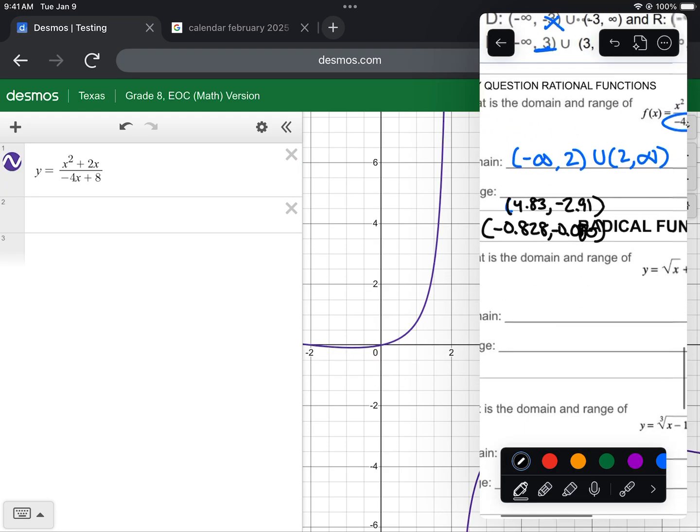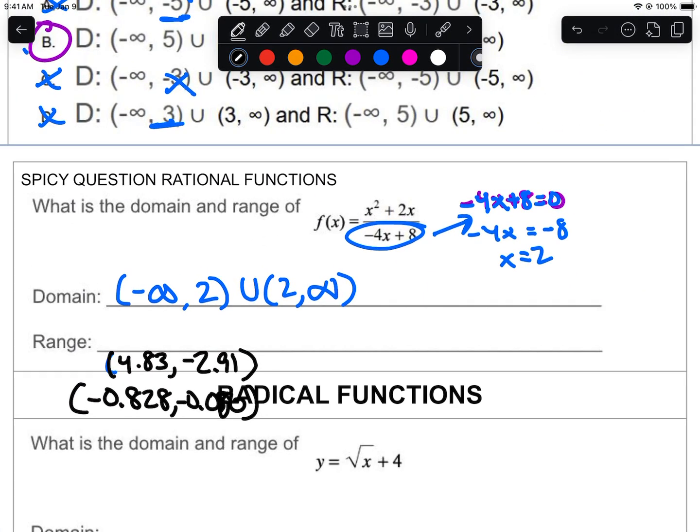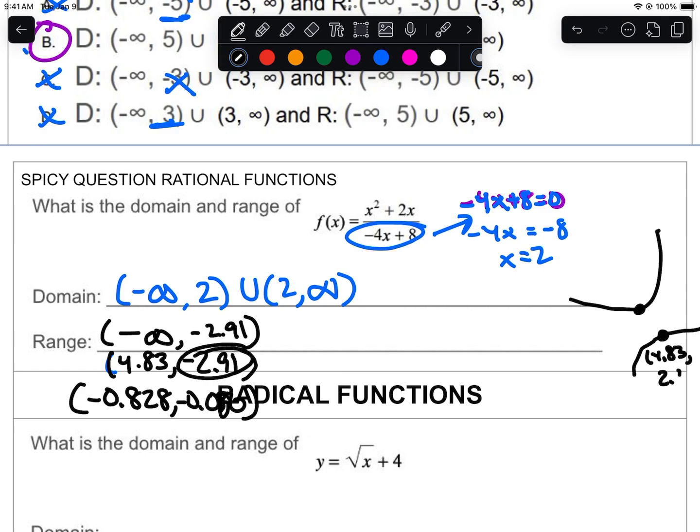All right, so what I'm going to do now is I know my range starts from negative infinity on that one part, and it took this point, the negative 2.91, and that's the highest part of that smaller moment. So my graph did something kind of like this. And this is where that other point lived, 4.83, comma, negative 2.91.